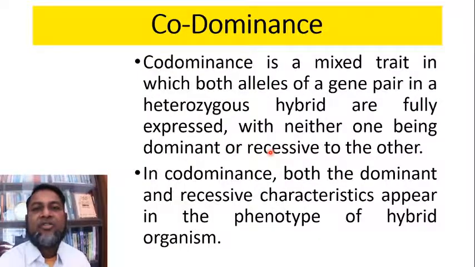Codominance is a mixed trait in which both alleles of a gene pair in a heterozygous hybrid are fully expressed, with neither one being dominant or recessive to the other. In codominance, both the dominant and recessive characteristics appear in the phenotype of the hybrid organism.